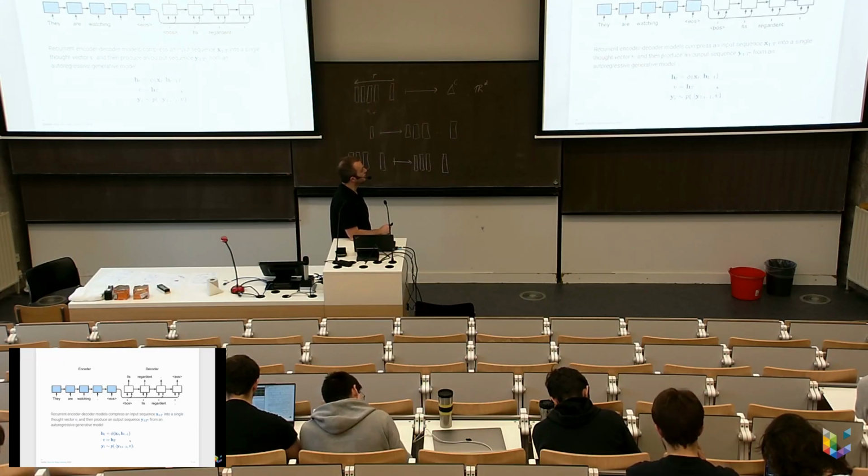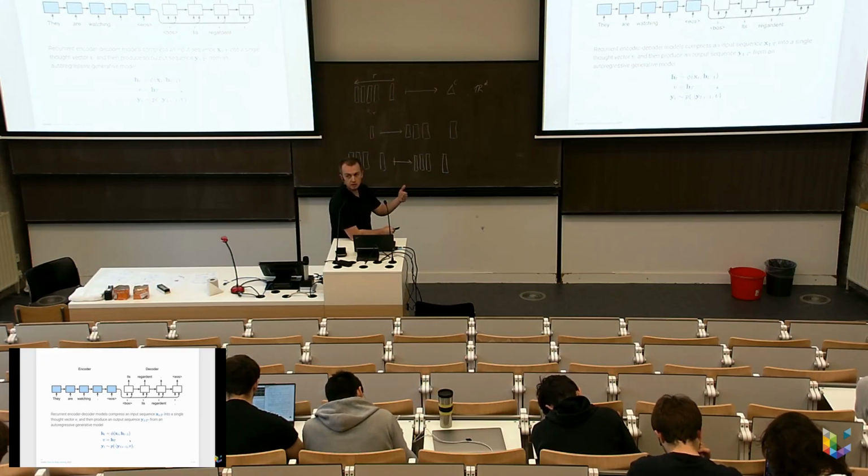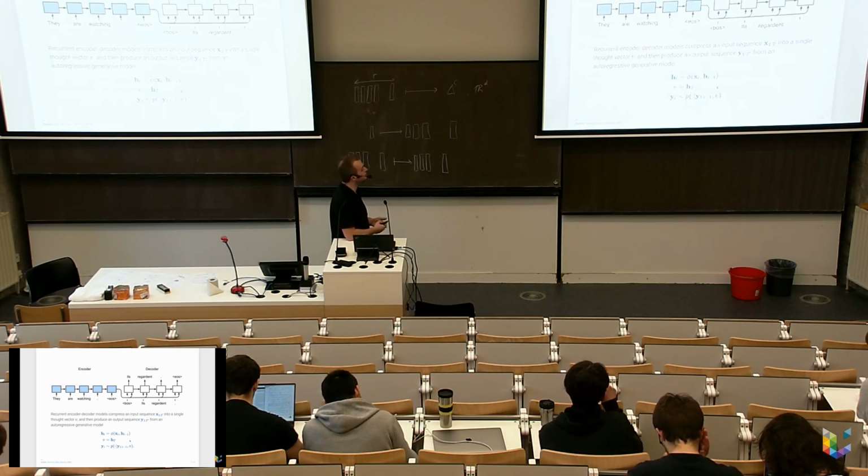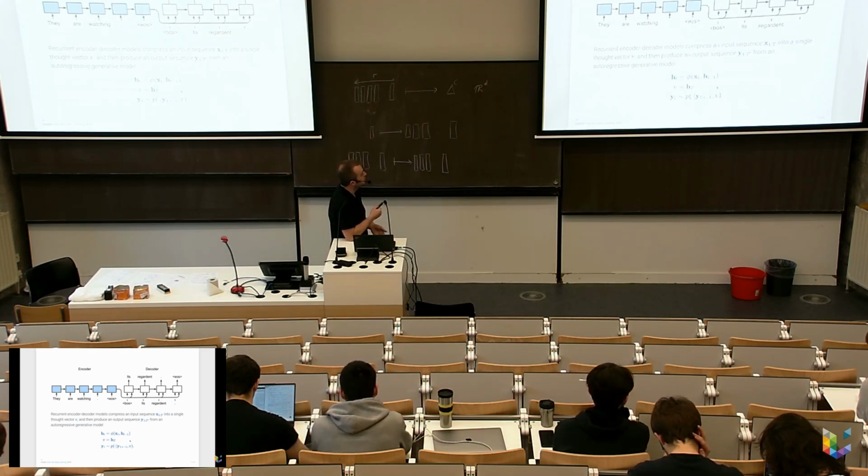And when you arrive at the end of the sequence, EOS means end of sequence, a symbol which marks the end of the sequence, then you use the internal state representation of the recurrent neural network as the representation of the input sequence, so of the sequence they are watching, dot, and then end of sentence.